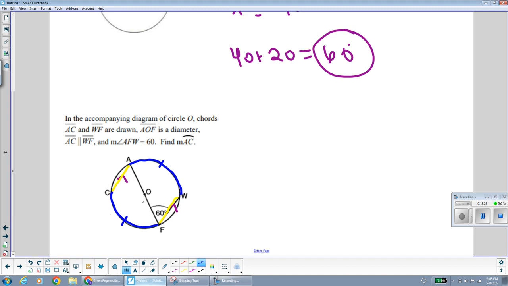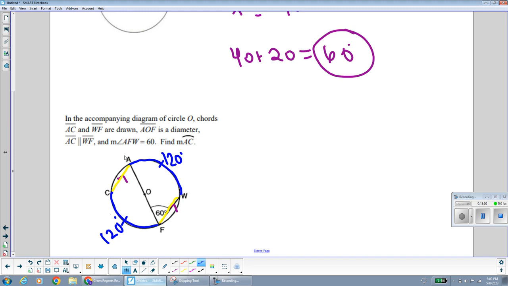Now, the 60-degree angle is an inscribed angle, so it's half of its intercepted arc. So if this is 60 degrees, the arc that it intercepts, AW, should be 120 degrees, making this one also 120 degrees. So together, those two arcs make 240 degrees.